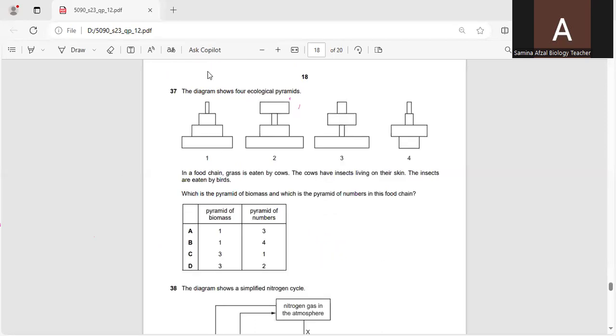Next, question number 37. The diagram shows four ecological pyramids. In a food chain, grass is eaten by cows.